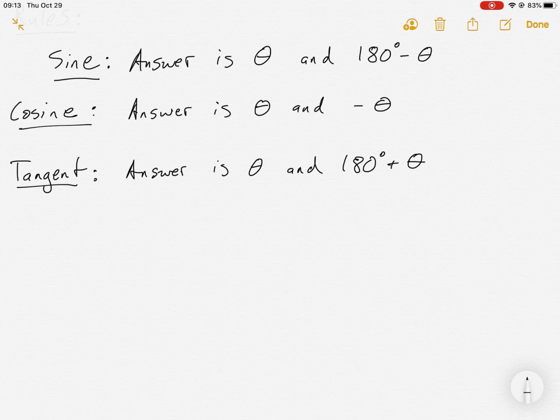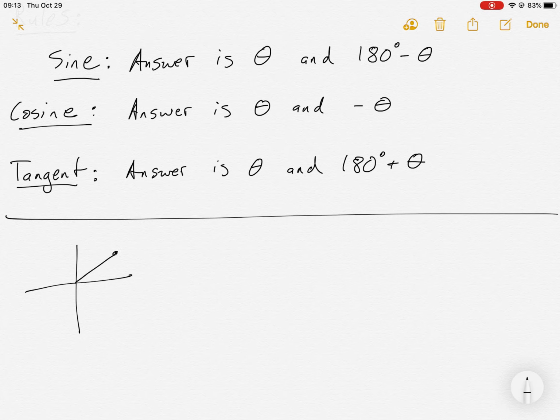So to see this, a really good thing to do is just to draw a picture. So for example, if I had some sine of theta and I got x and y, notice that this one over here, which is 180 minus theta, would give me the negative x and the y.